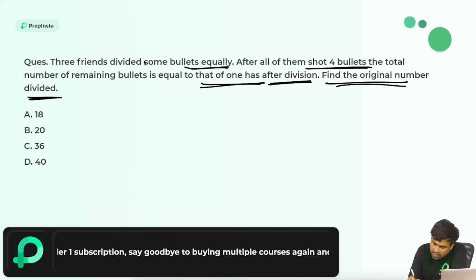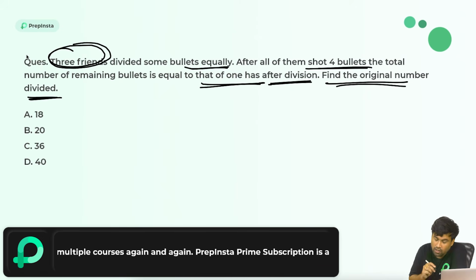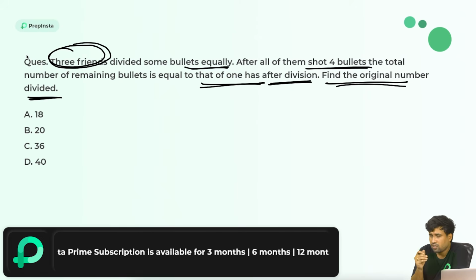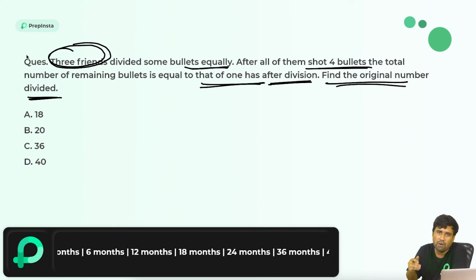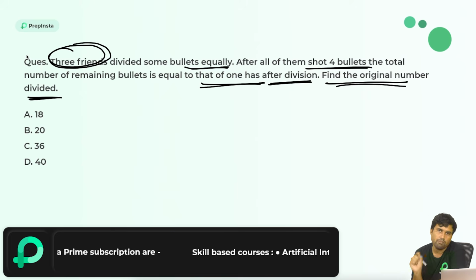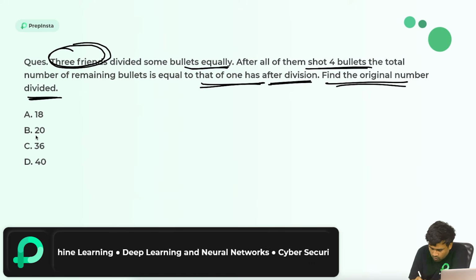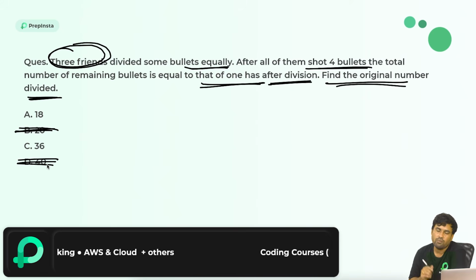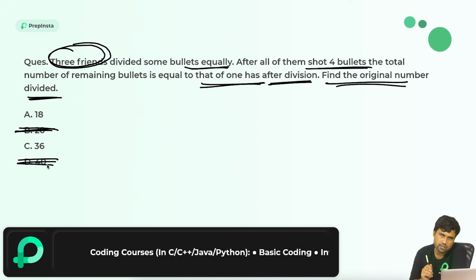The bullets were divided between 3 friends, right? Whenever you have this type of problem, don't start doing the problem blindly. Try to think in a smart way that the answer must be a multiple of 3. Why? Because bullets are evenly distributed equally, right? So option B is not your answer, option D is not your answer, because they are not multiples of 3.